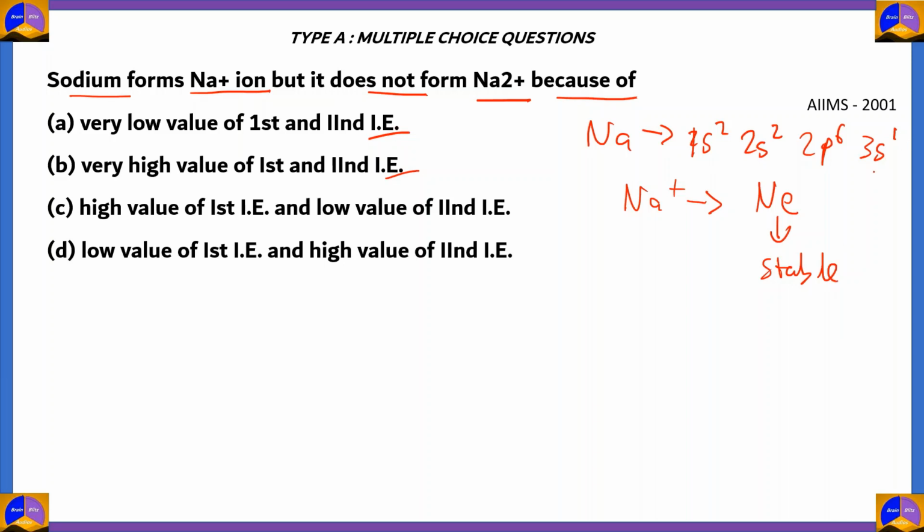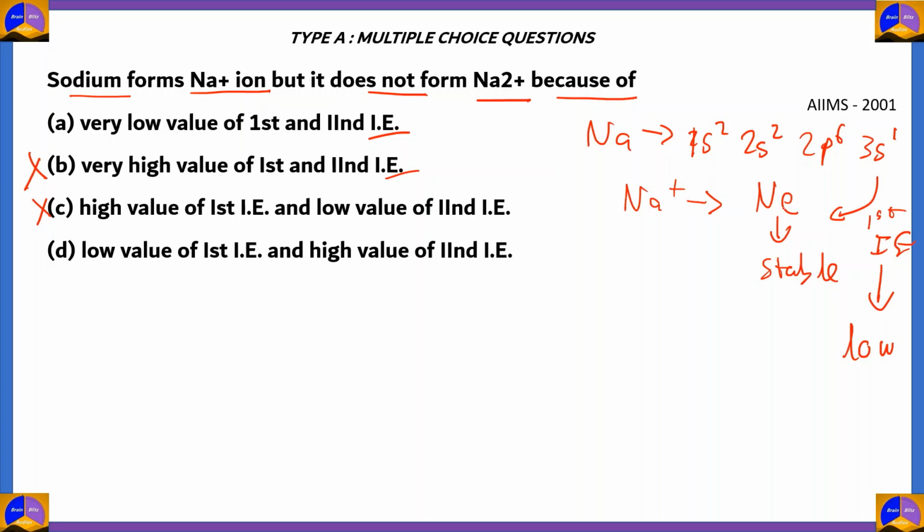When we remove this electron, you get a stable configuration. Therefore, the first ionization energy will be low. Since we found that out, we can eliminate options B and C, which say that the first ionization energy is high.